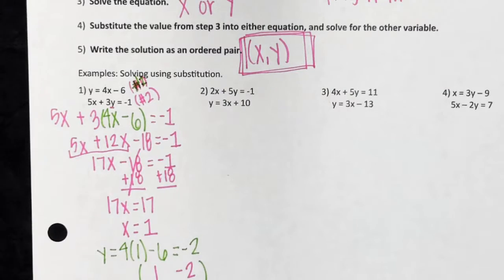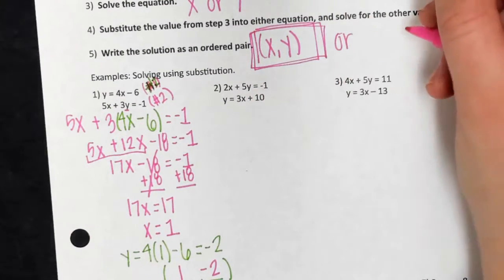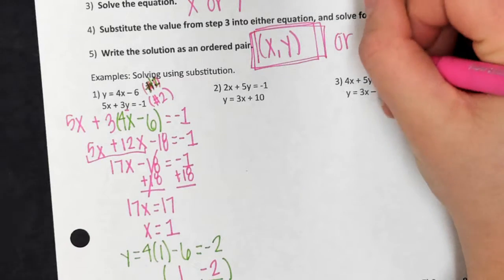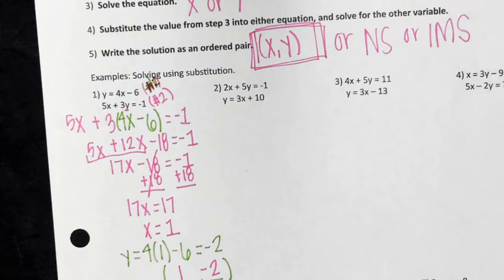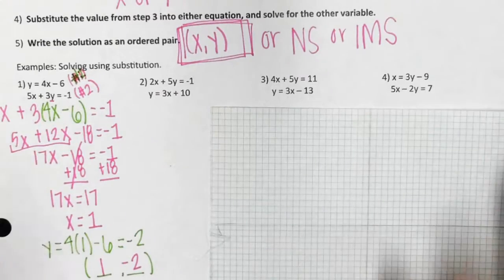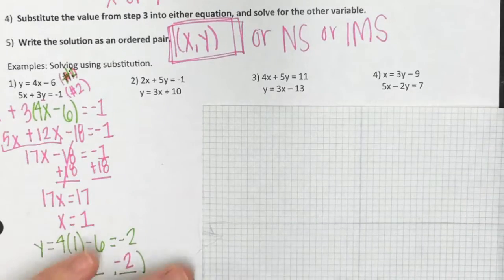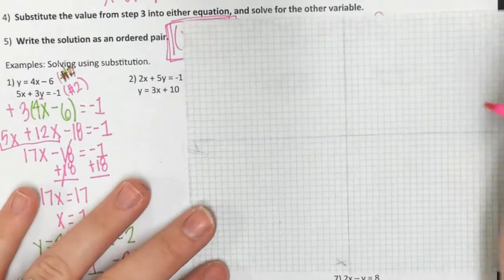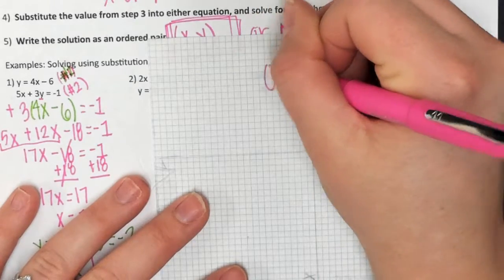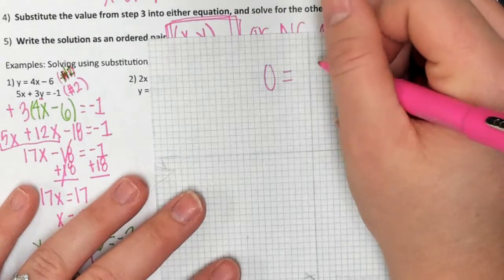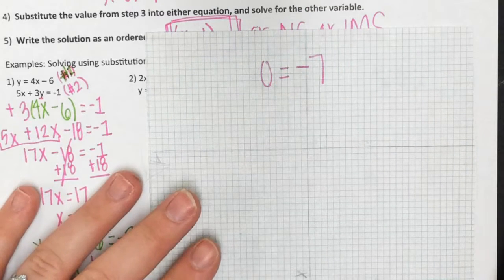Now, it is possible to have an ordered pair or, any guesses? No solution or infinitely many solutions. Let's take 1 second to remember what that looks like as an equation. You know what it looks like graphing it, but we need to review this. So if I'm solving an equation and my answer comes out to be 0 equals -7, no solution or infinitely many?